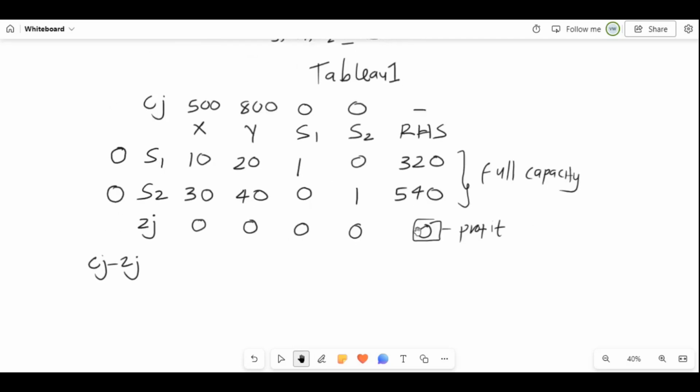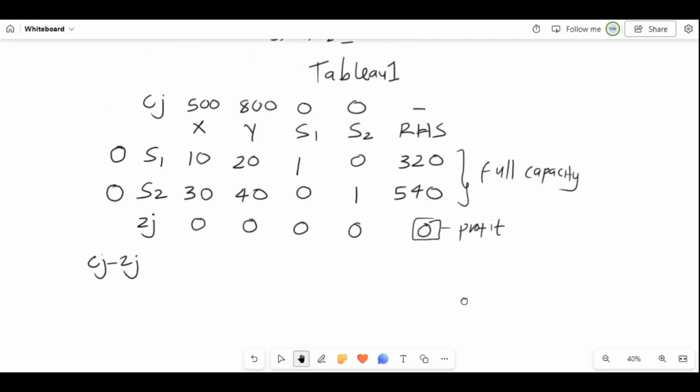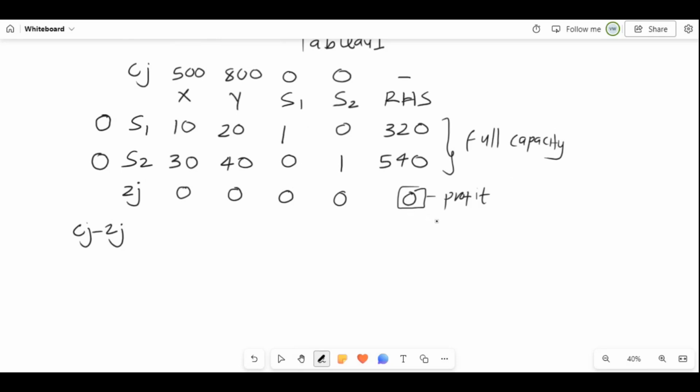Because at this point the resources have not been utilized and the profit is 0, when you take your Cj minus Zj, 500 minus 0 is 500. 800 minus 0 is 800. 0 minus 0 is 0. 0 minus 0 is 0.